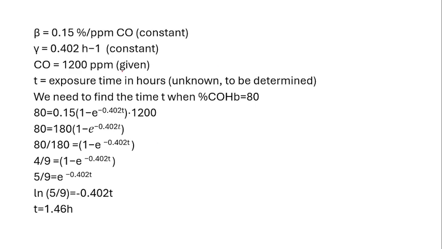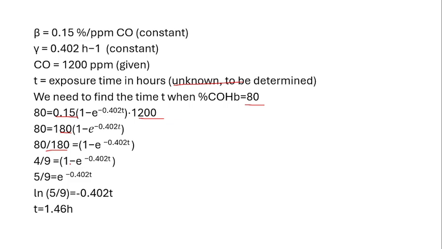Okay. As mentioned, beta and gamma are constant. CO is given, which is 1200 ppm, and T is the unknown here in the second part. So we need to find the time T when percentage COHb is 80. So we are substituting the values in the equation. 80 is equal to 0.15 into 1 minus e power minus 0.402 t into 1200. So multiplying 0.15 with 1200 will give you 180, and 80 divided by 180 is 4 by 9, and 1 minus e power minus 0.402t is there.